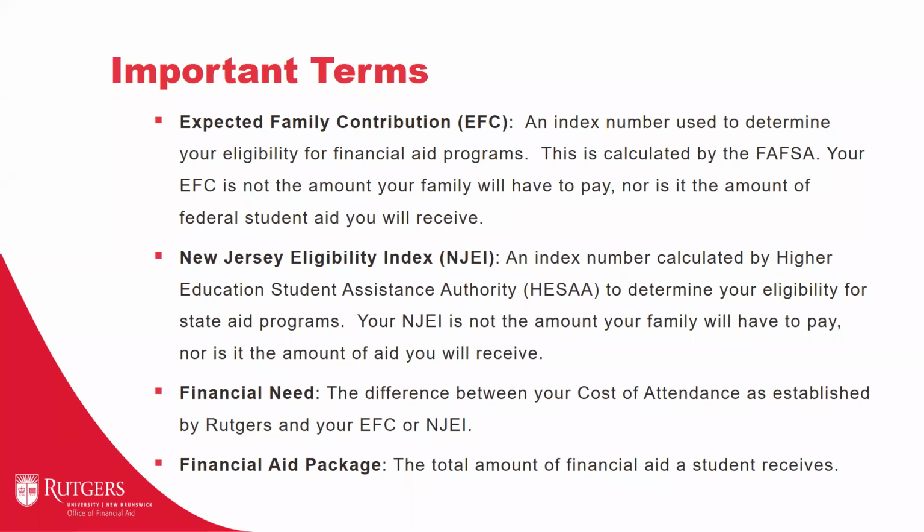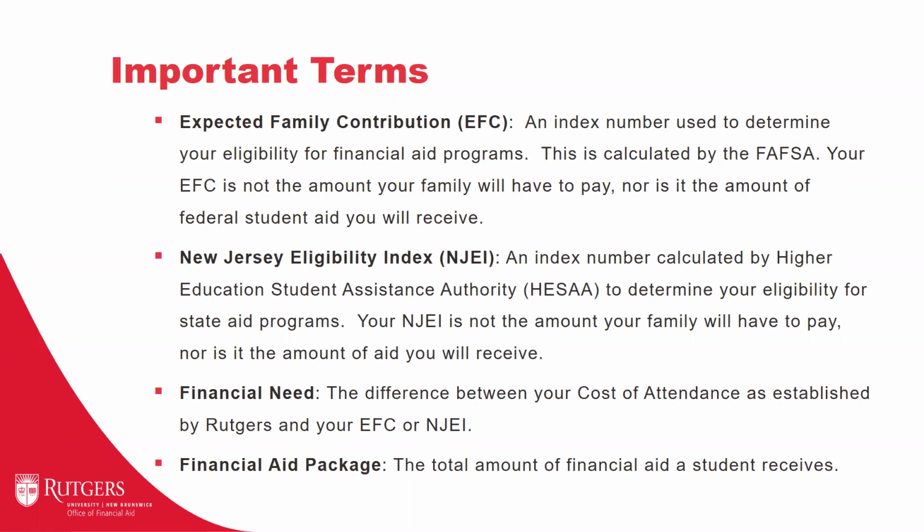Also, students should be familiar with financial need. This is the difference between the cost of attendance, which is established by Rutgers, and a student's EFC or the NJEI. The cost of attendance is not the actual amount that a student will have to pay to attend Rutgers.